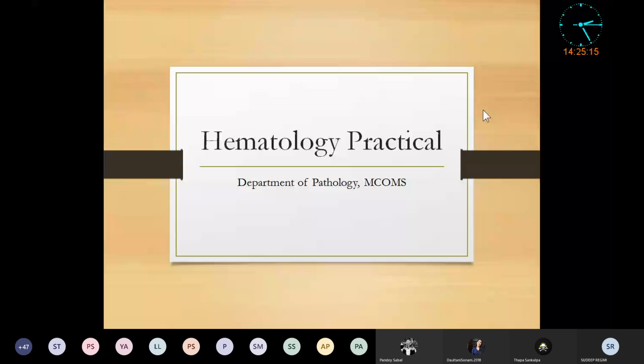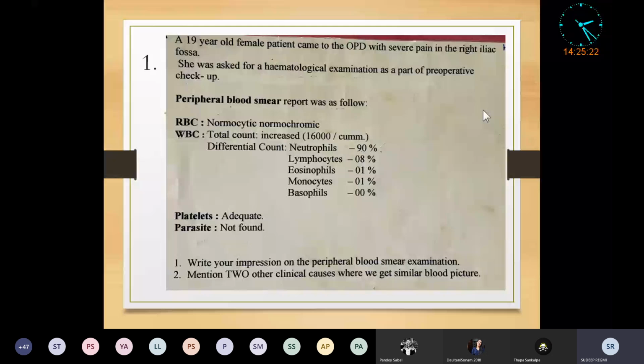There are charts of hematology which you should see and interpret. There will be a clinical history and a laboratory report, either a peripheral blood smear or other supporting blood investigations, or some bone marrow investigations.